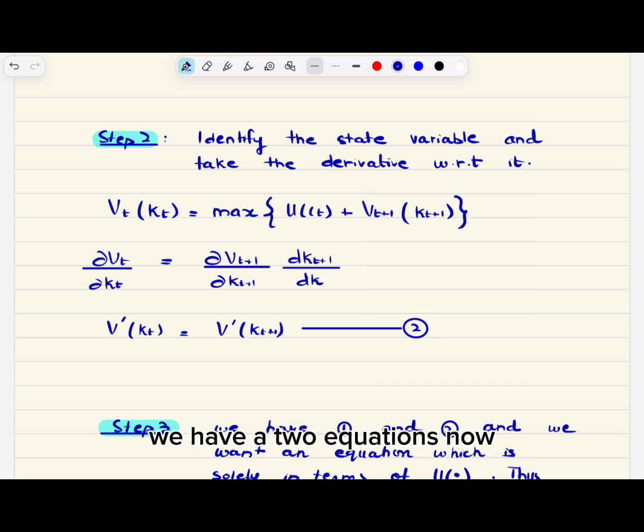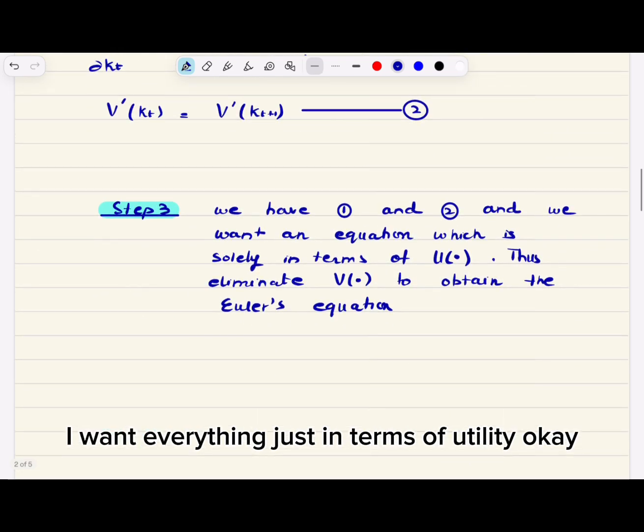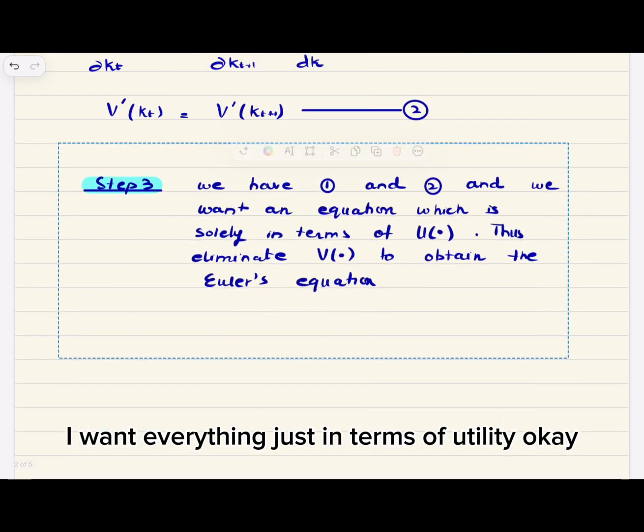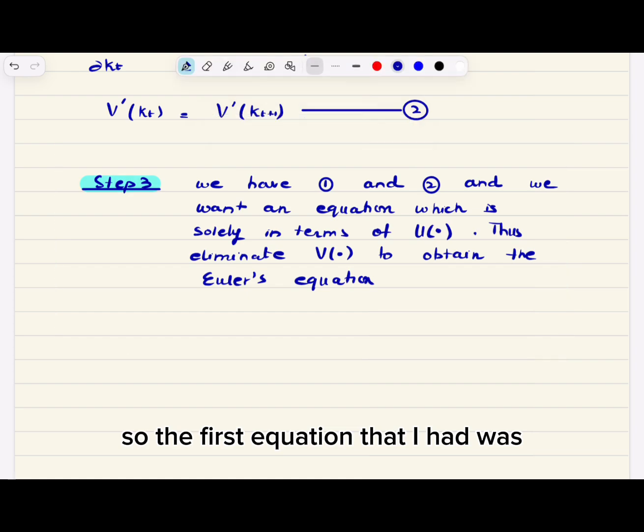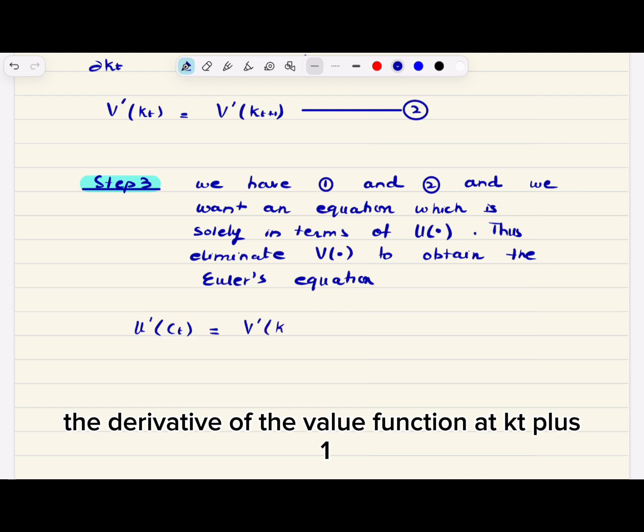Okay, we have two equations now, and to get the Euler's equation, I want everything just in terms of utility. The first equation that I had was the derivative of utility with respect to c t being equal to the derivative of the value function at k t plus 1.